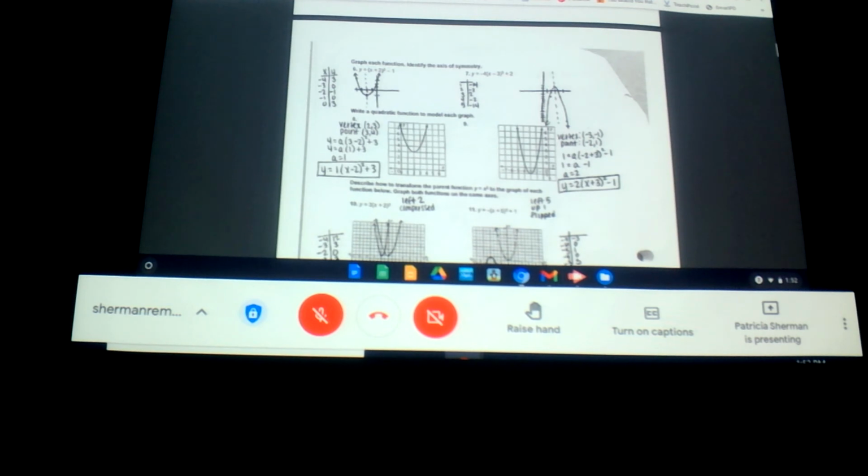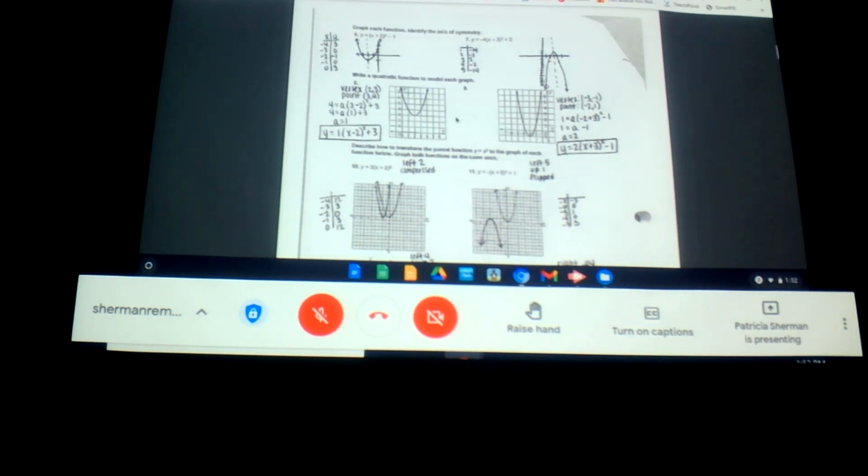For 6 and 7, you were just doing a quick graph. It didn't really ask you to label much, so I just found a few points and threw those in. I just wanted to point out 8 and 9, the ones I didn't want you to be stuck on. We did these problems yesterday, but they had a different setup. When you're writing vertex form, you feel pretty good when you find the vertex, like you have mostly everything you need. But you can't tell what a is just by looking at the graph.